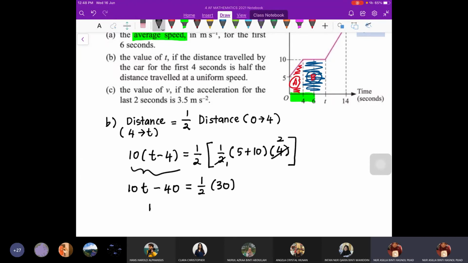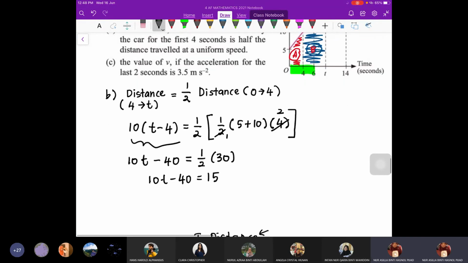So jadi 10t minus 4t is equals to 15. So plus 40, plus 40. So 10t equals to 55. And then divide by 10. So t is equals to 5.5.